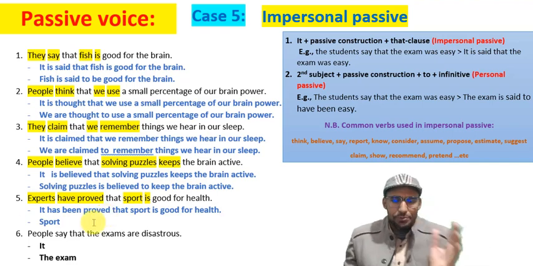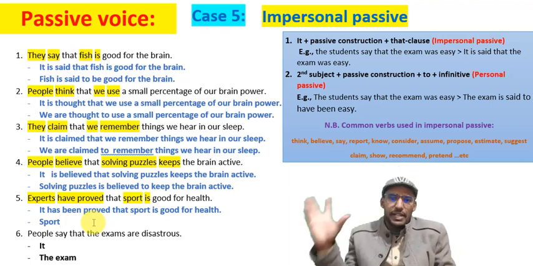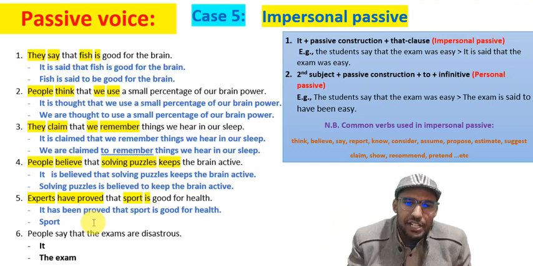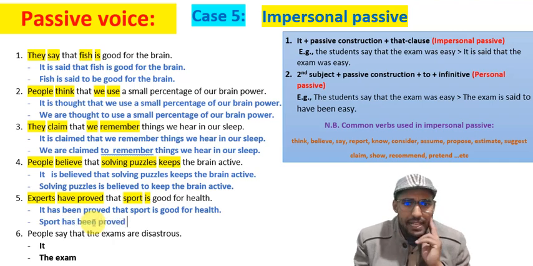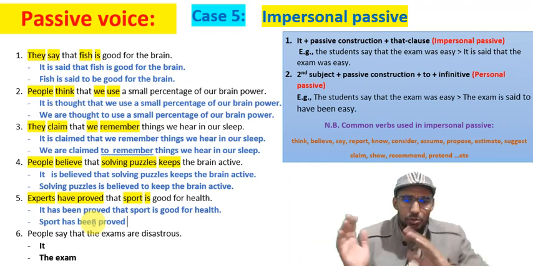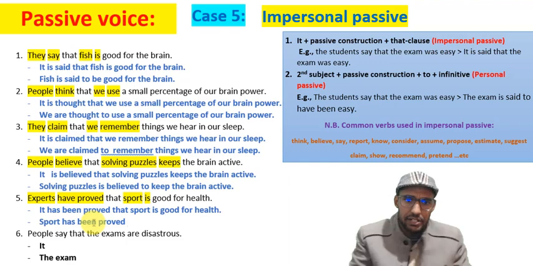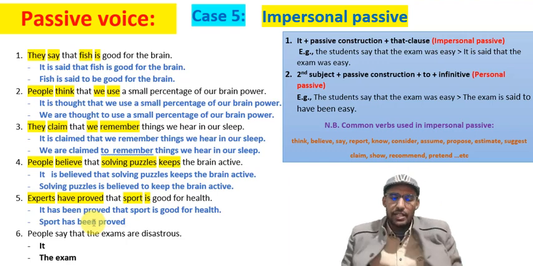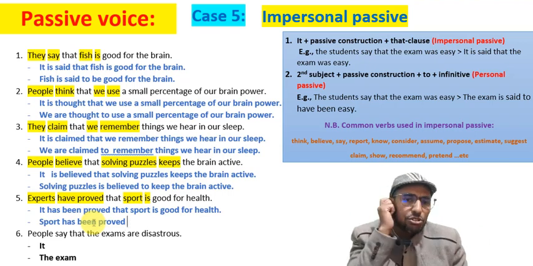Now if we start with the second subject, which is sports, we have to add our passive construction again. We say sports has been proved. Then we no longer add the relative pronoun that. In the second case, when we apply the second rule, we don't do that.